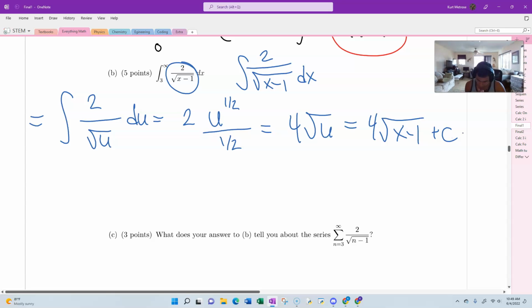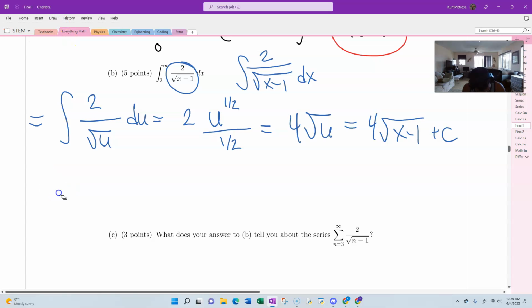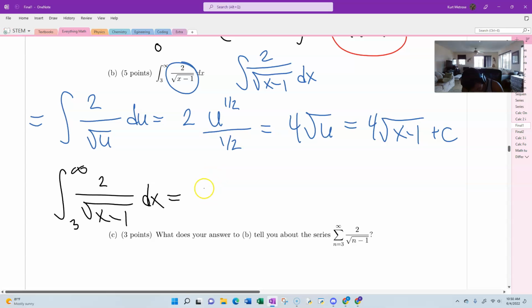Now, this is where the improper integral part comes in, and we have to note that we have a limit. Now I'm going to do this in a different color. That this integral is equal to this limit, and then I will write this as a approaches what?